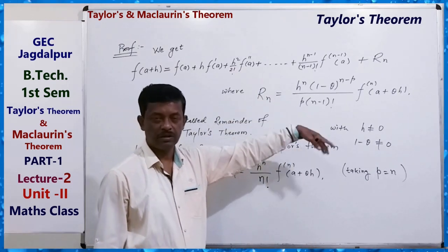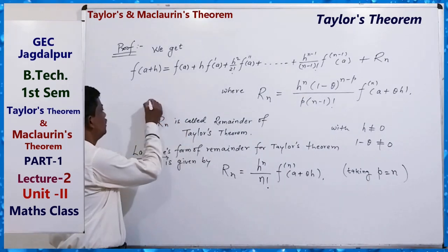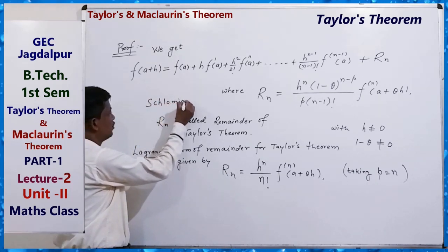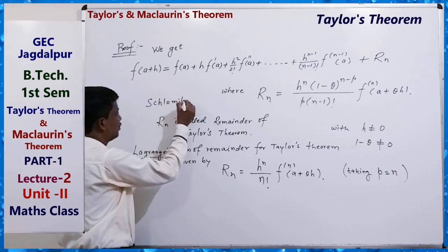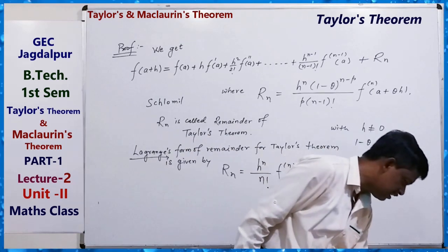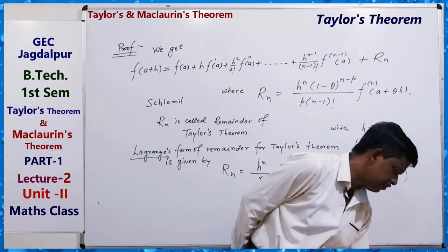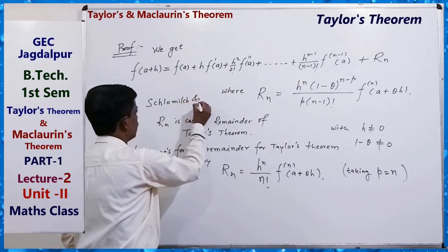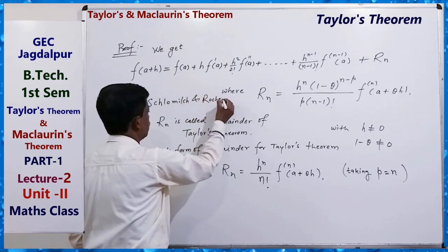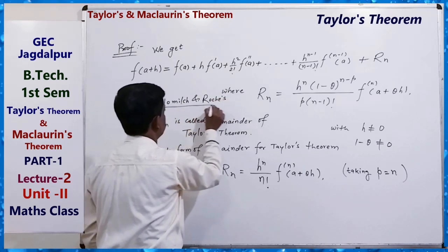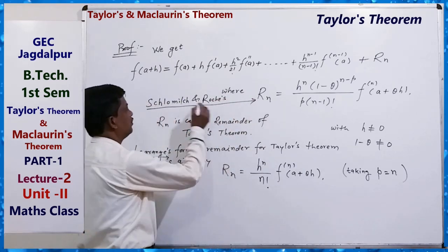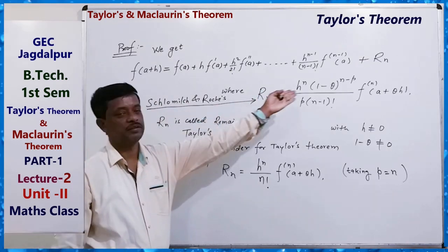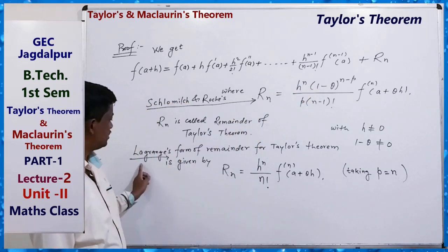In terms of p, this general form is Schlömilch and Roche's form of remainder. Lagrange's form of remainder is this.